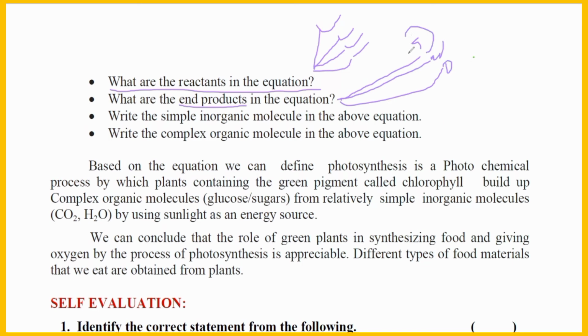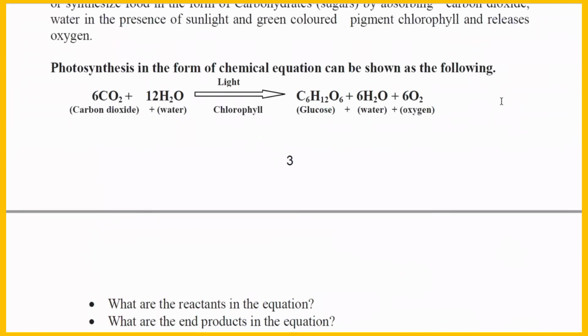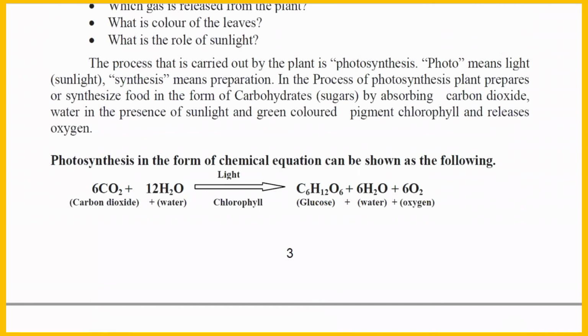But glucose is the main product, and water and oxygen are the byproducts. Total 3 products we obtain.